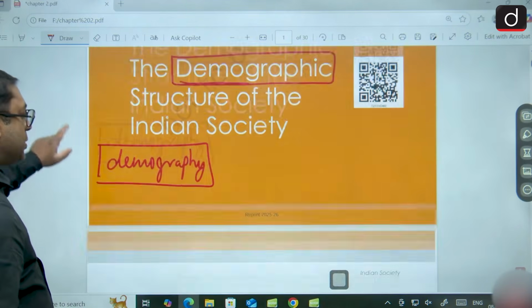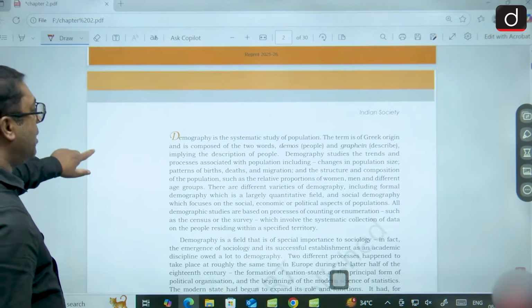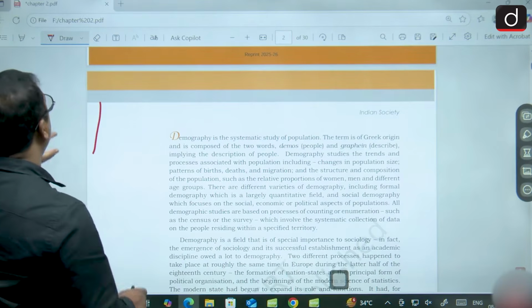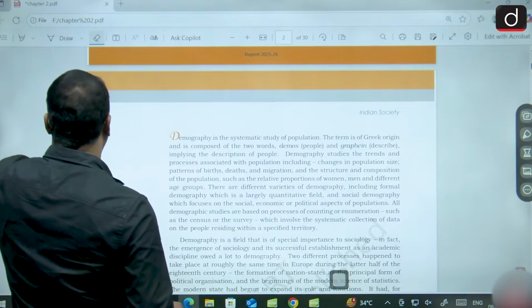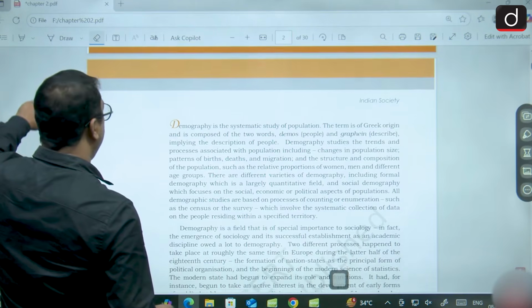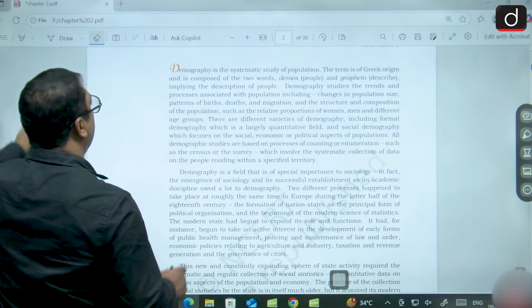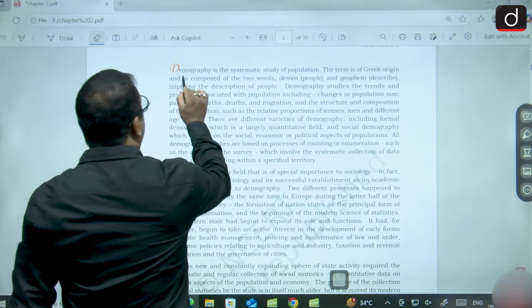Let's see if it is given in the next page. Yes, look, in the second page this whole thing is given here. Just a minute. So what is given here?